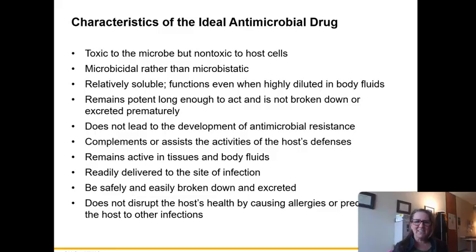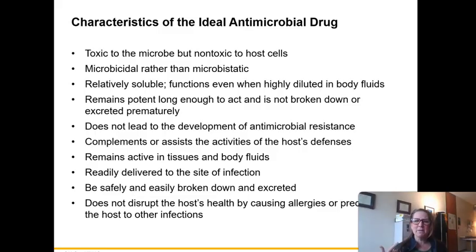So again, we want to take a medication, an antimicrobial drug, that is only affecting the microbe that is causing the problem. In your book, they say an antimicrobial drug should be toxic to the microbe that is causing you the infection, but non-toxic to your host cells.